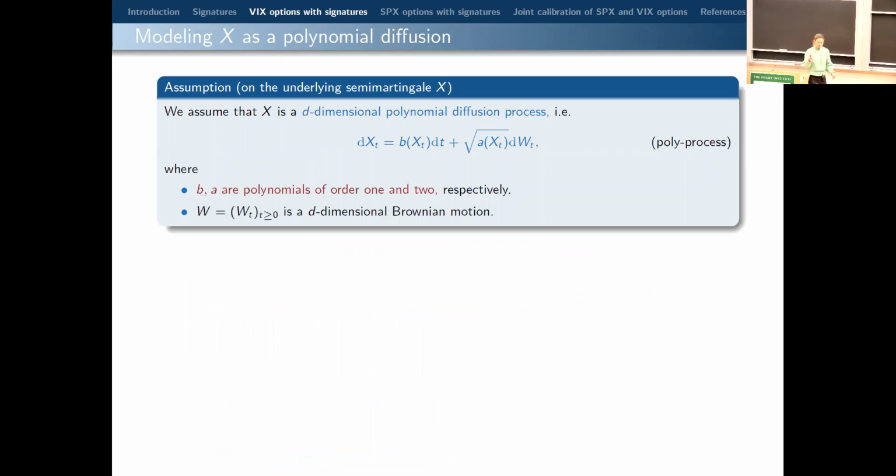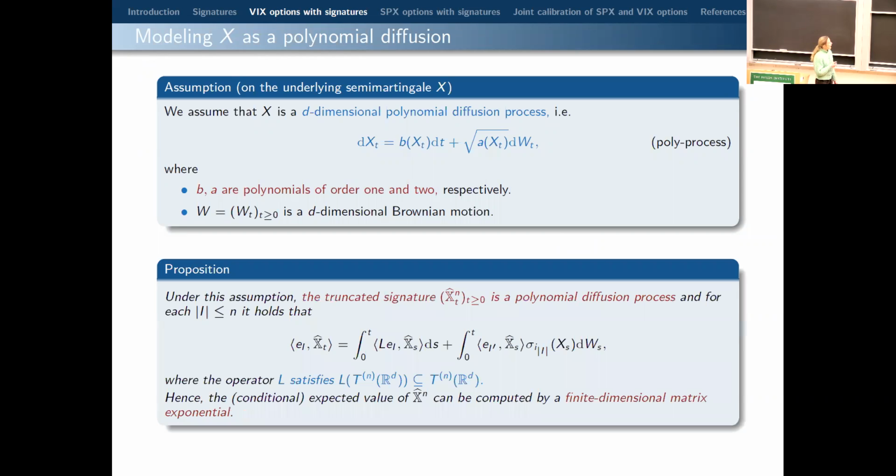In fact, what we will do for our implementation is to consider a specific semimartingale, namely a d-dimensional polynomial diffusion process. What is that? This is very simple. This is a diffusion of that type where the drift is an affine function in X, and where the A of X_t, the diffusion matrix, is a quadratic function in the state. And W is a Brownian motion. Under this assumption, one of the nice features of polynomial processes is that the truncated signature is then also a polynomial diffusion itself.